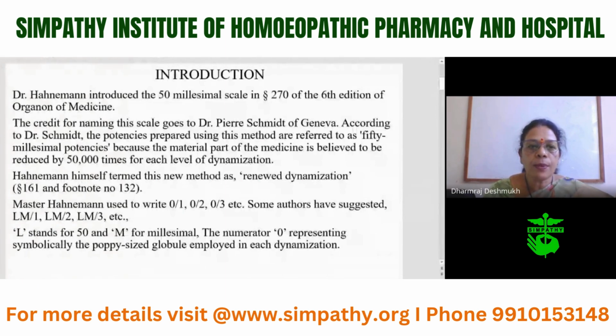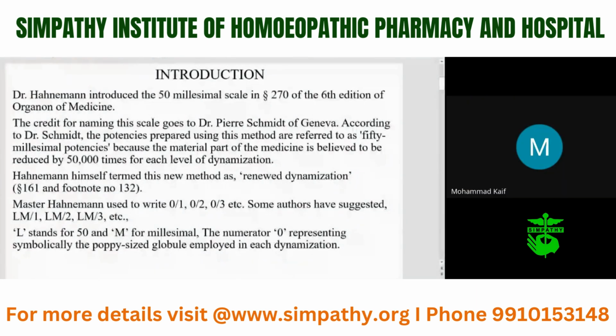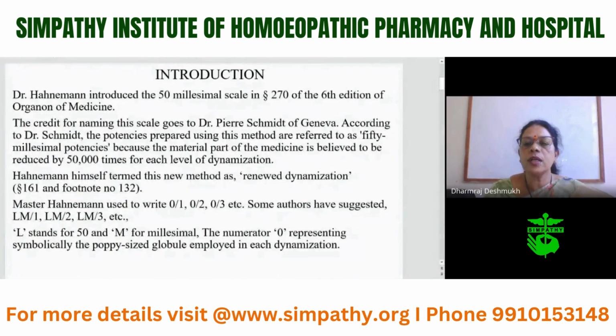For preparation of the mother tincture, the 2nd step is that this 3rd potency of the centesimal scale is taken in one part and dissolved in 500 parts of purified water and 100 parts of alcohol.